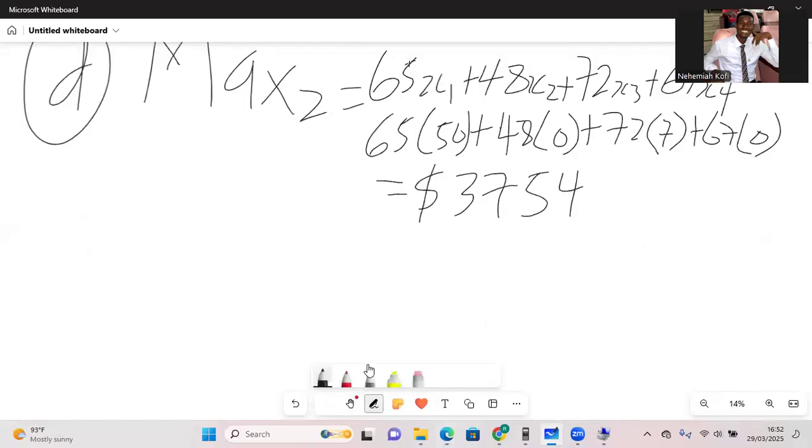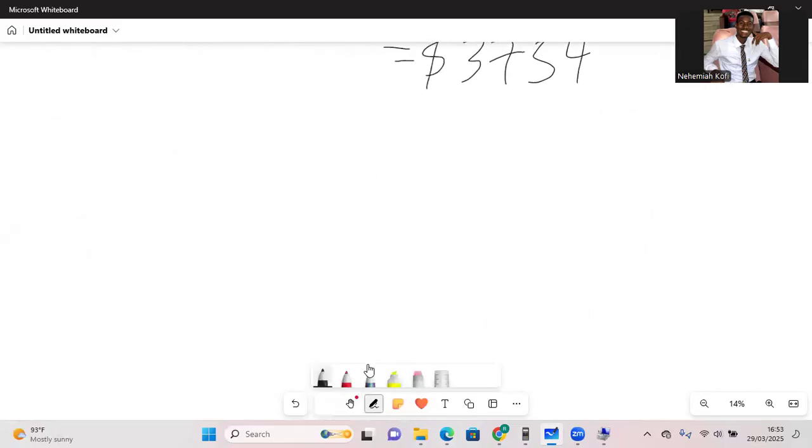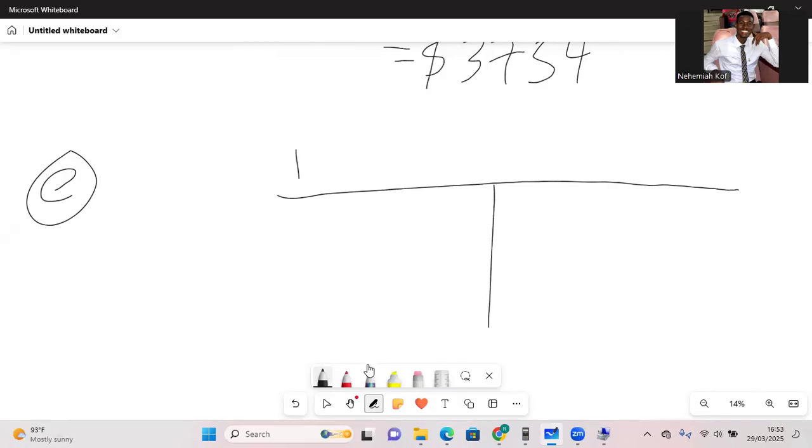Now for the binding and non-binding constraints, you can just create a table. You put binding here and non-binding here.